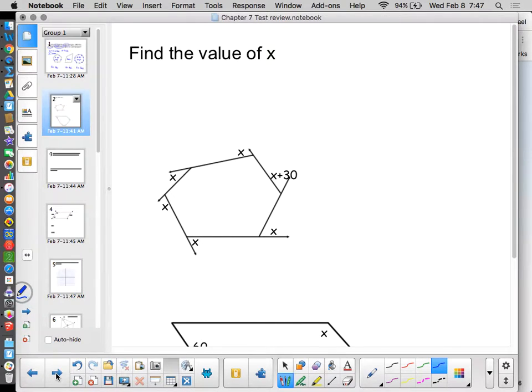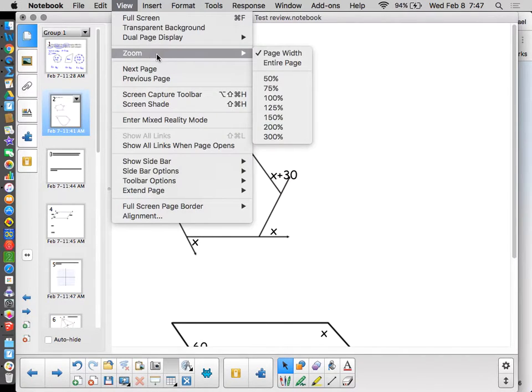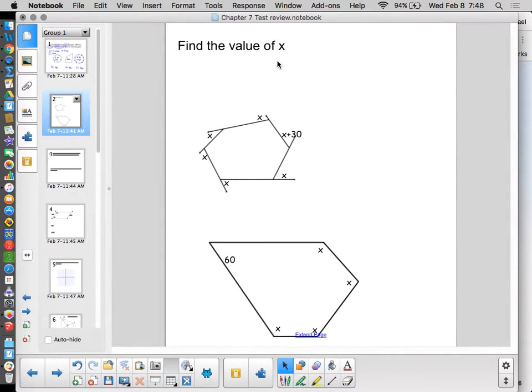Find the value of x. So this is kind of funky, but what are we measuring here? What kind of angles? We're measuring exteriors, which means they have to add up to what? 360.